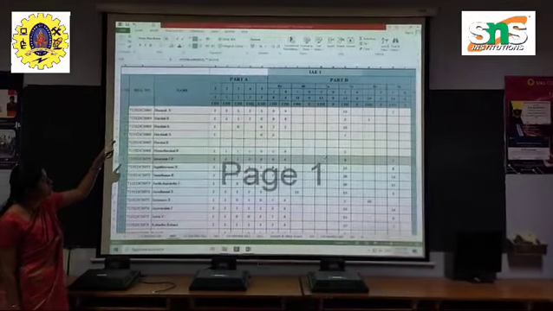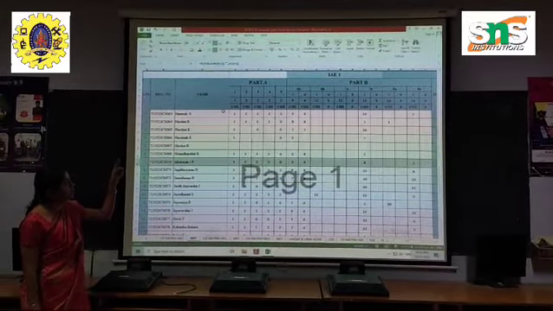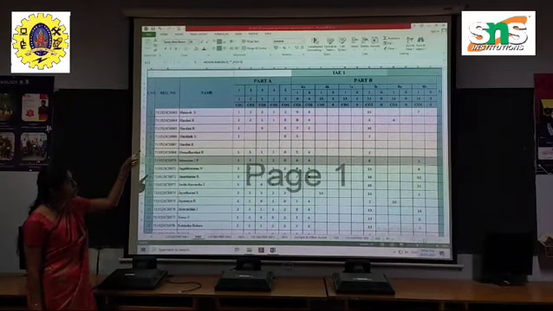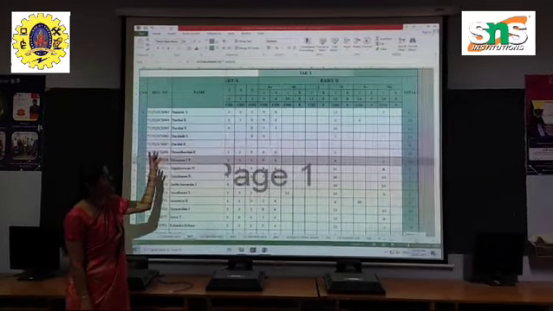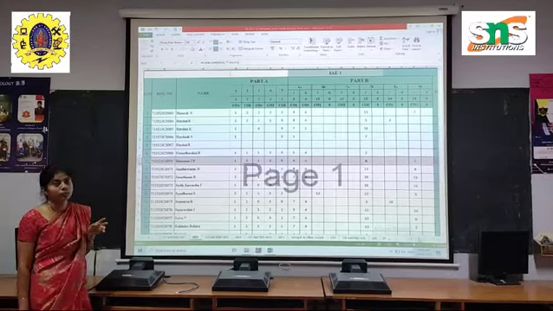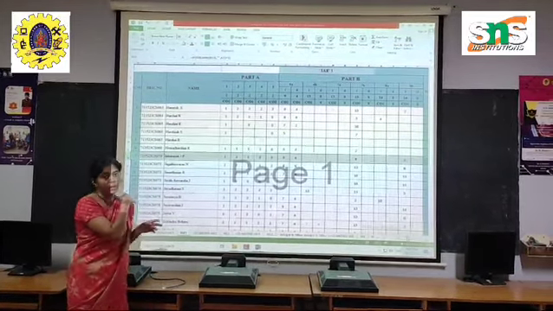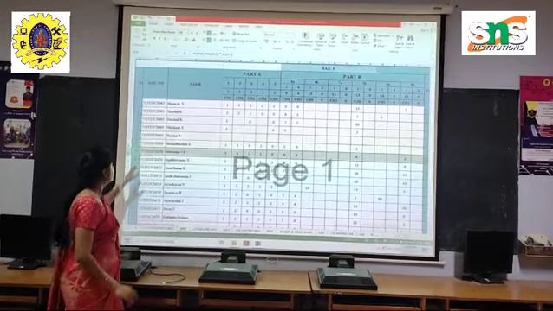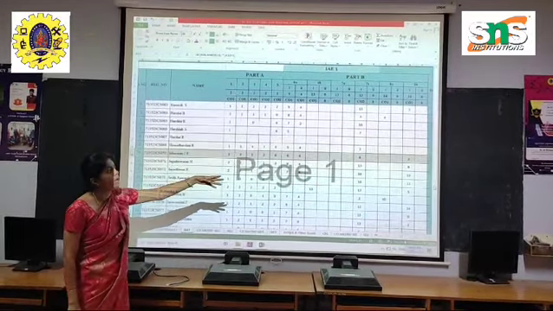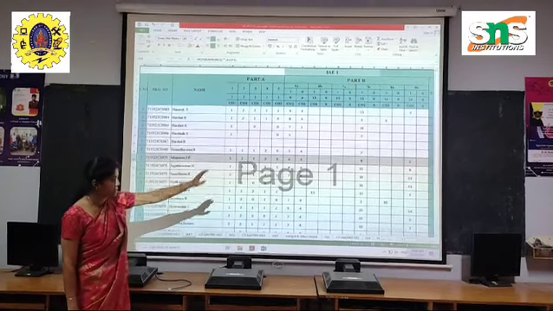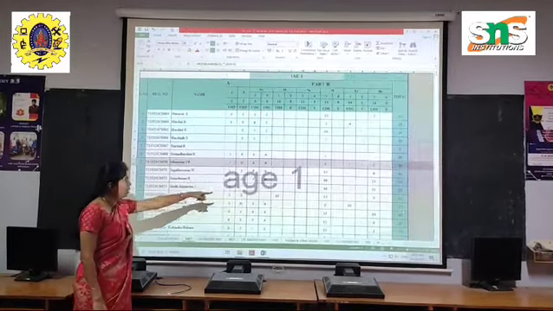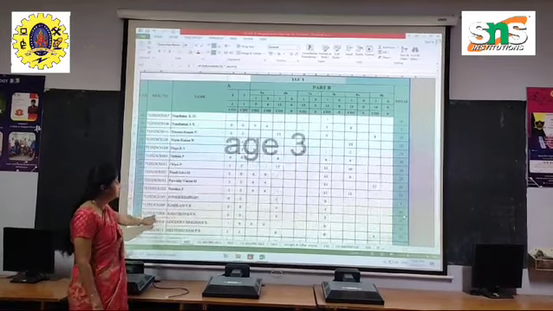The first line is the question numbers 1, 2, 3 and so on, and the second line has the marks 2, 9, 4, 13 and so on. This is the maximum mark given for the particular question, and CO1, CO2 is mapped to the particular question. So for individual students we have to fill the marks, and the total will be in the last line.